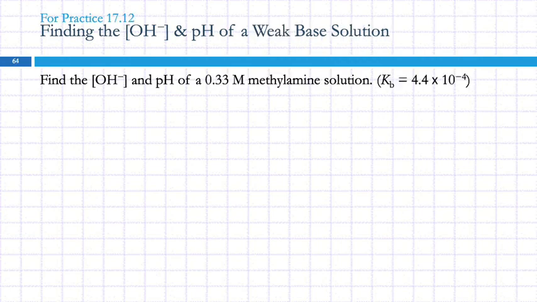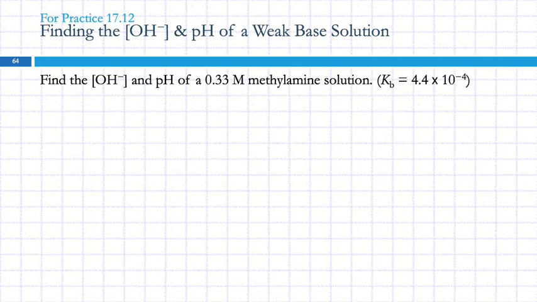Okay, let's do a weak base. So here we're asked again, hydroxide ion concentration and pH of methylamine solution of 0.33 molar. We're given the Kb. The fact that we have a Kb suggests that it's a weak base. We also have this title up here giving it away.